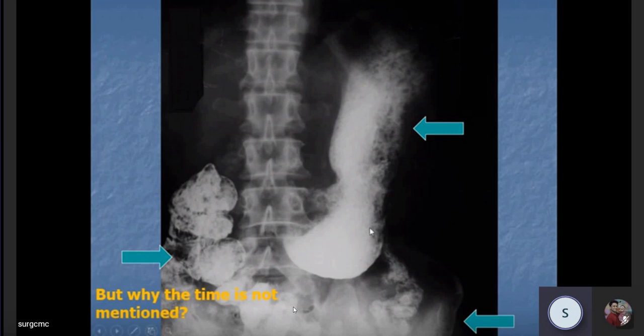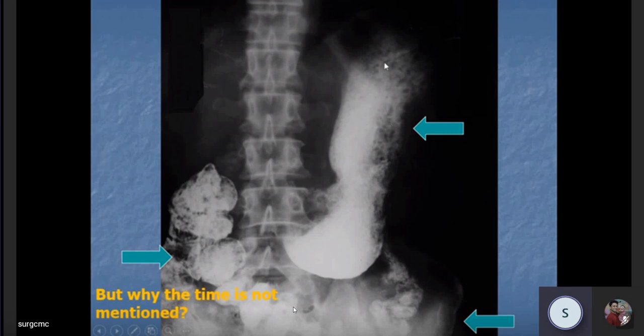This is the stomach. In the upper part of the stomach you can see some moth-eaten appearance, some irregularity over here. There is dye over here. This area is colon. And this is the pelvic bone. The lower level of the stomach is at the level of the pelvic bone.